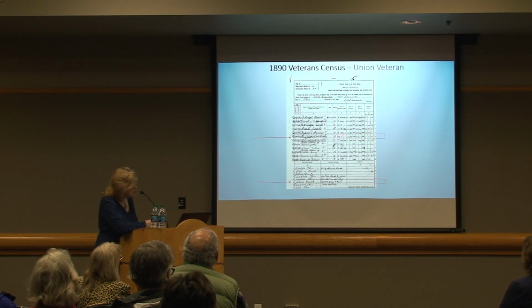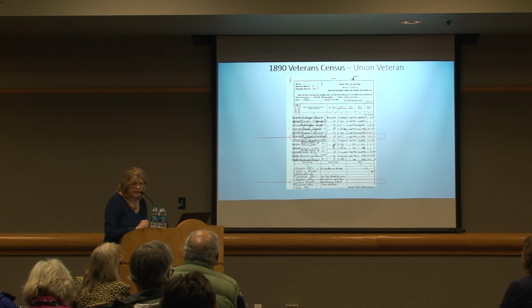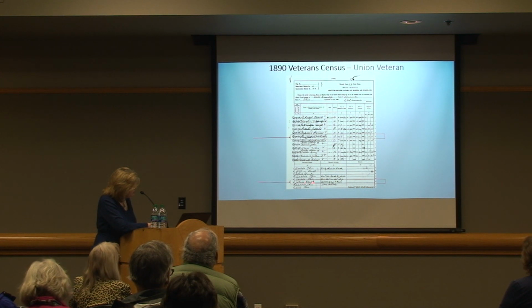It also gives the information regarding the company and the regiment he was in, when he enlisted, when he was discharged, how long he stayed in the Union Army. He was in for 1 year, 2 months, and 11 days. It also gives the nearest post office box.